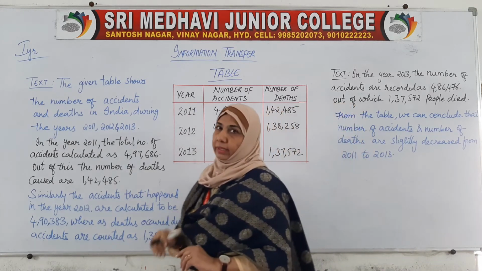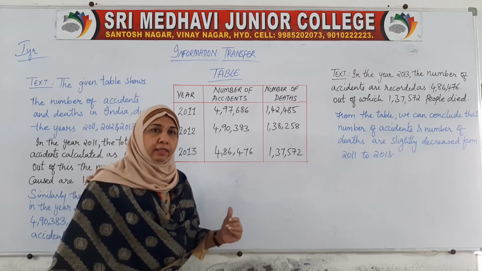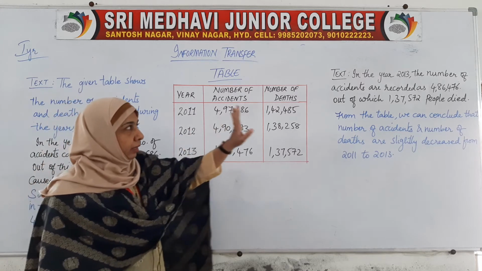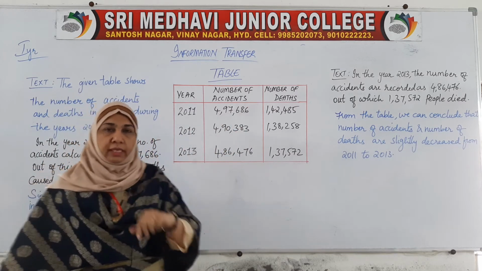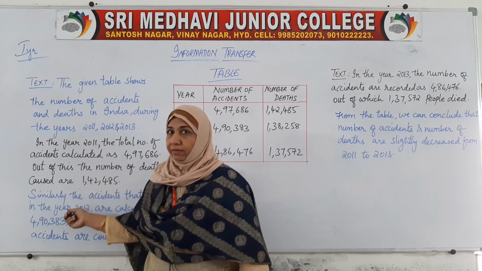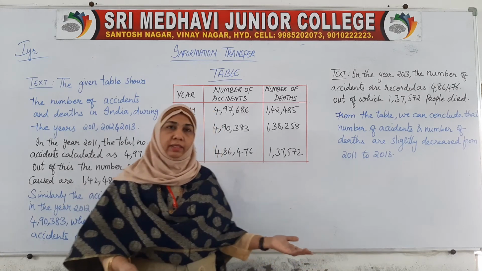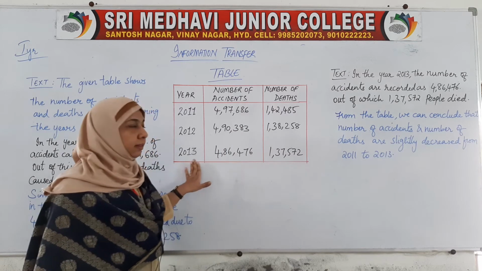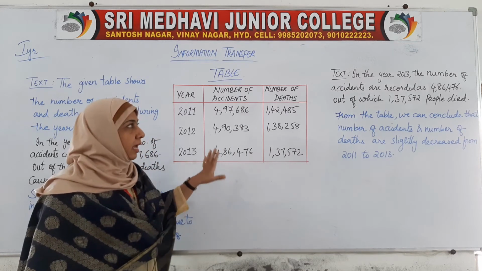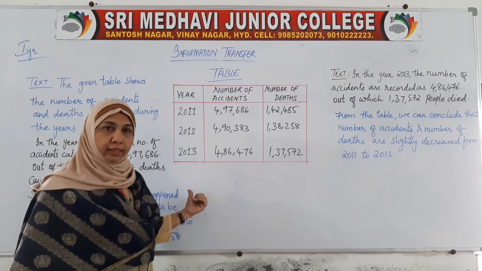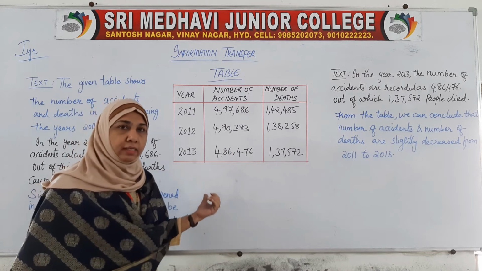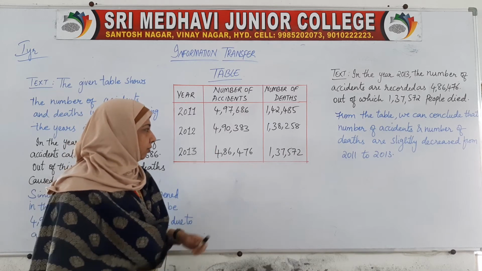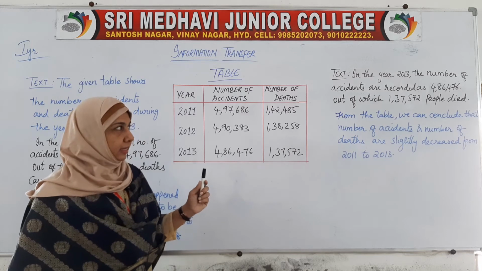Now we have to go for the third row, which has the year 2013. Because we have already taken "in the year" once and "similarly" next, for the third we can go ahead with "in the year". In the year 2013, the number of accidents is recorded, since we have taken "calculated" twice, as 4,86,476.